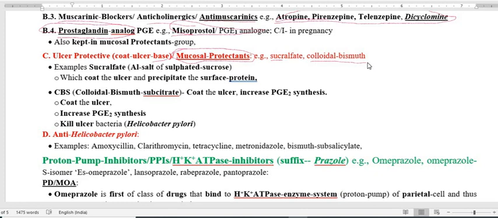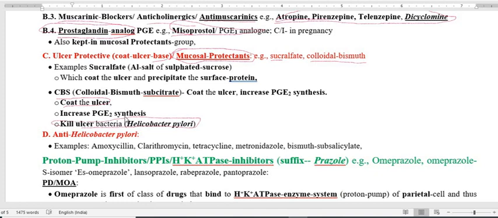Now under the same ulcer protective agents is CBS, colloidal bismuth subcitrate. So colloidal bismuth subcitrate is coating the ulcer, as well as this bismuth is killing the ulcer forming bacteria Helicobacter pylori.